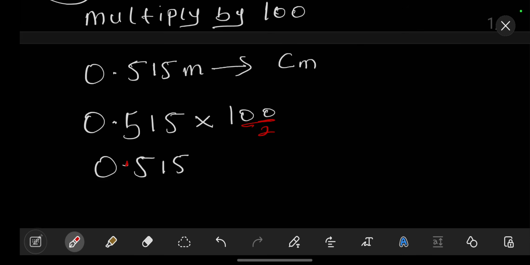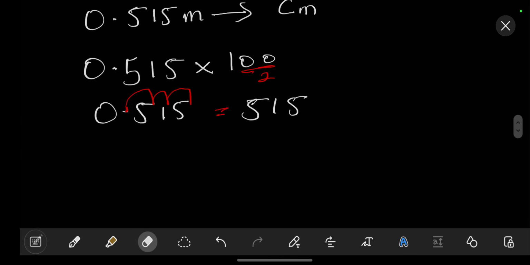You see that now? So it comes right in front of the first number. So this will be written as 515. We don't have to put the decimal again because we already got the value we're looking for. Alright, that is it for that one right now.